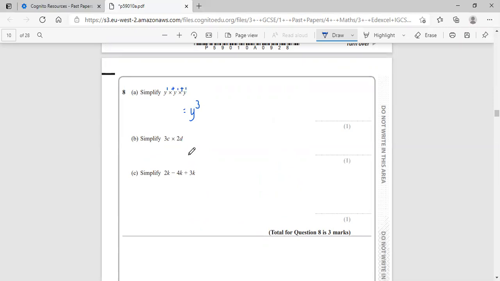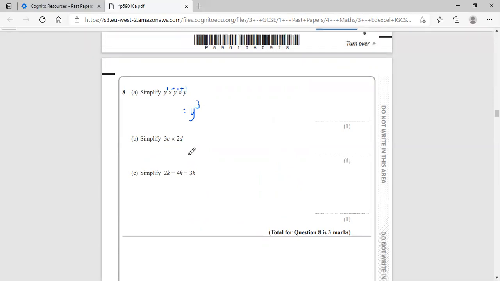Next one, simplify 3c times 2d. So all you need to do is split this up into 2 separate questions pretty much. We've got 3 times 2, and we'll just put that in a bracket. And then we've got that times c times d, which you can literally just write as cd.